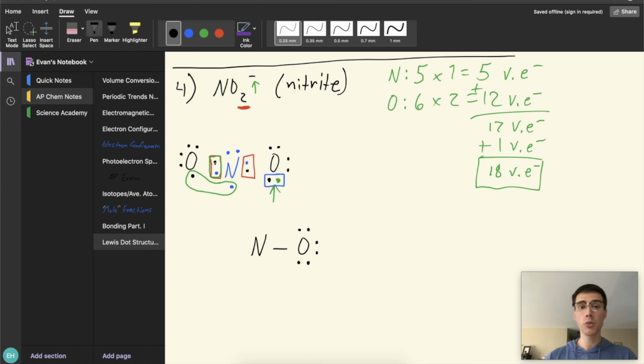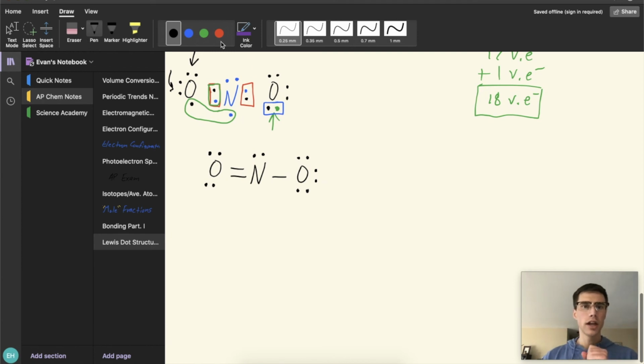Now I've formed 2 bonds between the nitrogen and the oxygen on the left. Still want to take my lone pairs into account up top, and here is this oxygen, and it still has 1, 2 lone pairs outside. So I'm going to put them up top and down below.